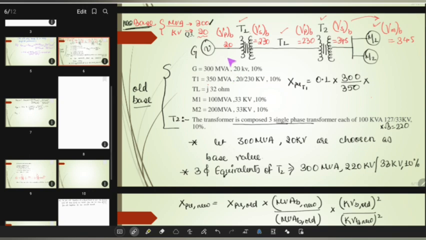What is the old kV base in the LV side? That is 20. What is the new kV base in the LV side? 20. So this will give you 0.85. Okay, we solved this with reference to the LV side, right? Now, what if we had taken this in the HV side?